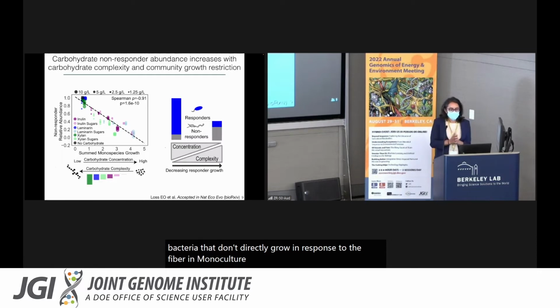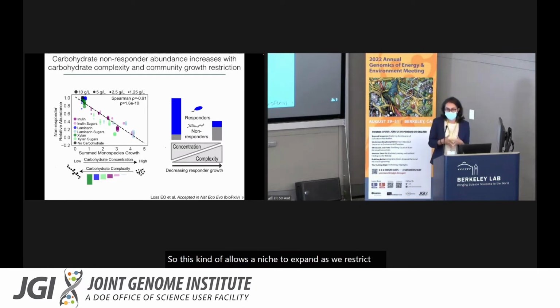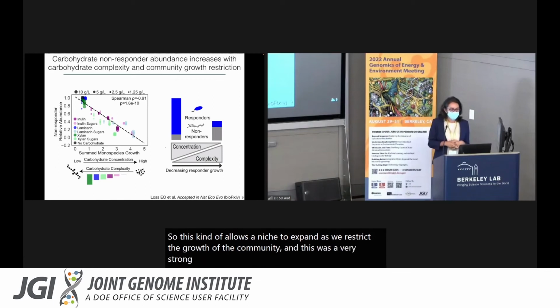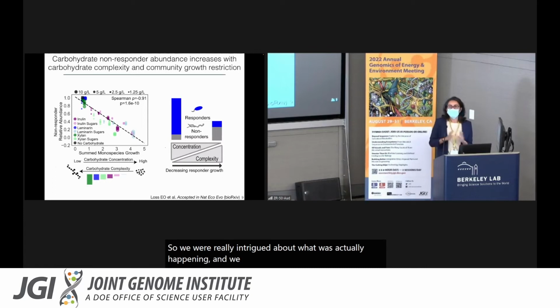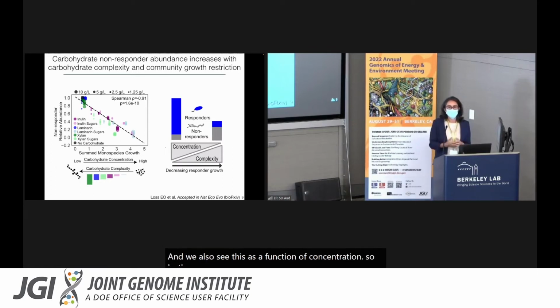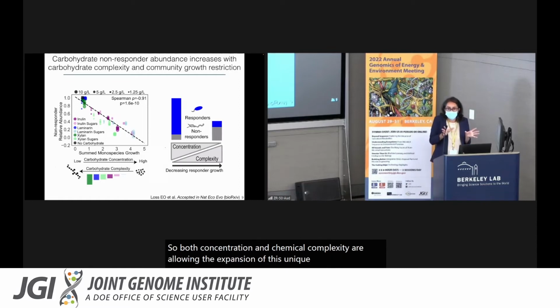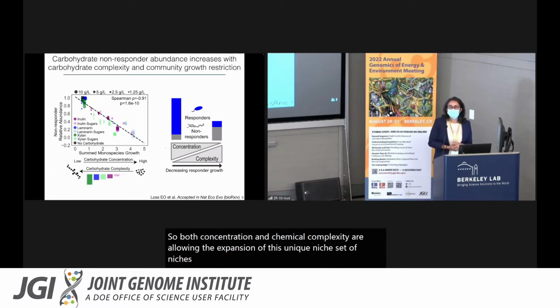So this allows a niche to expand as we restrict the growth of the community. And this was a very strong correlation in our data, so we were really intrigued about what was actually happening. And we also see this as a function of concentration. So both concentration and chemical complexity are allowing the expansion of this unique niche, a set of niches that don't depend on fiber.